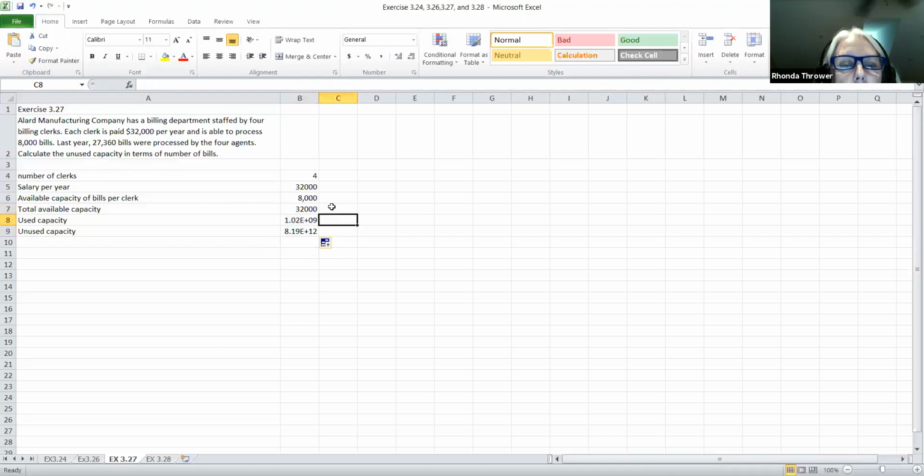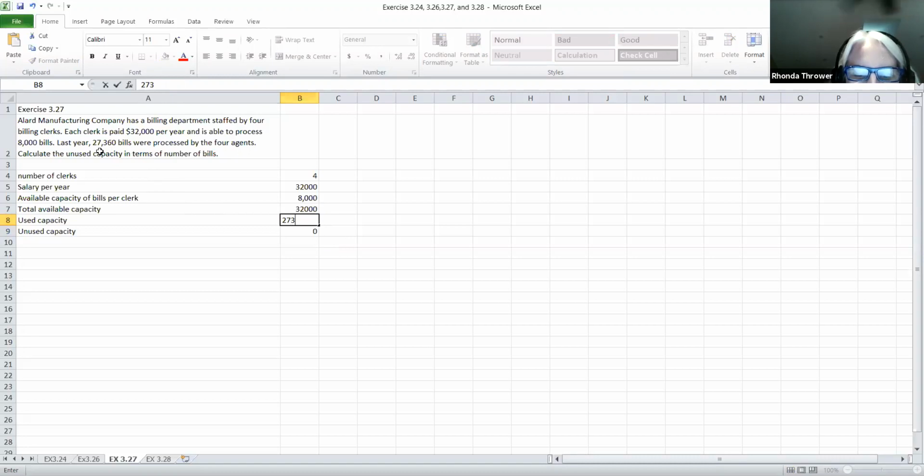And that was, excuse me, I don't know what happened there. Delete that and put in the unused capacity. The used capacity that was given, 27,360.